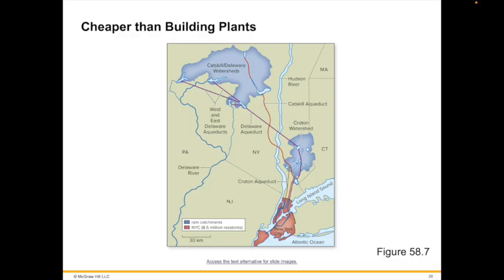Water that runs off from over 4,000 square kilometers of rural mountainous areas is collected into reservoirs and then transported by aqueduct more than 130 kilometers to New York City at a rate of 4.9 billion liters per day.